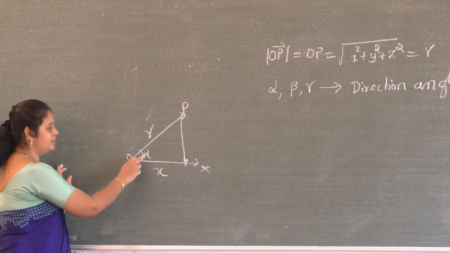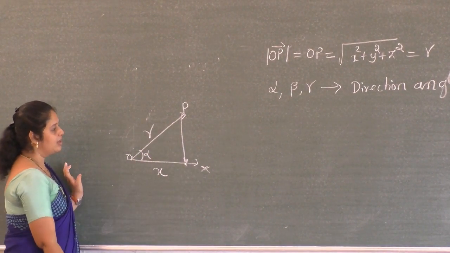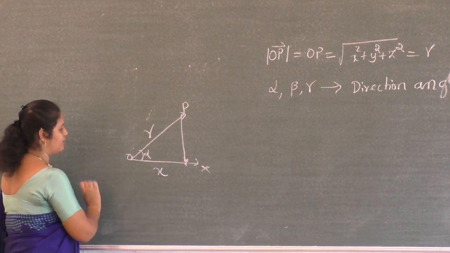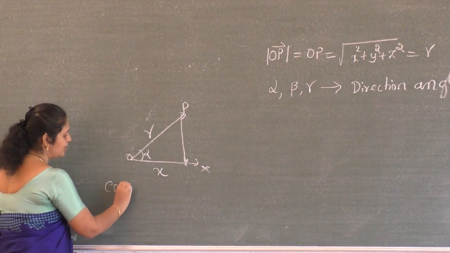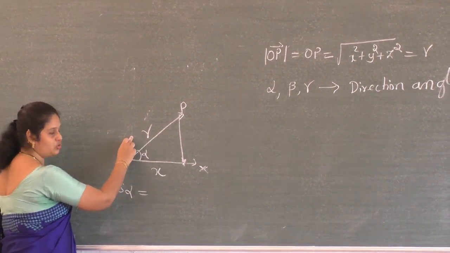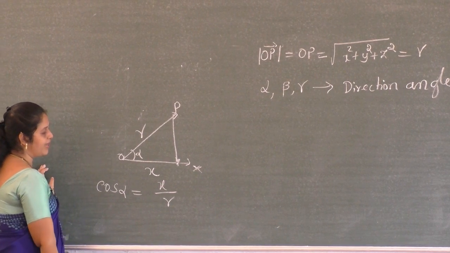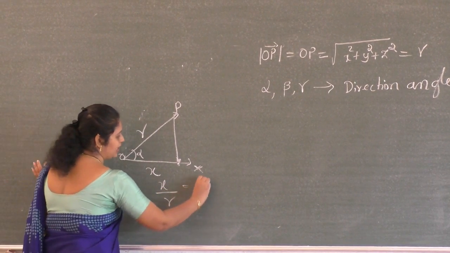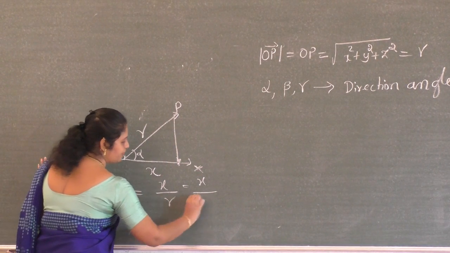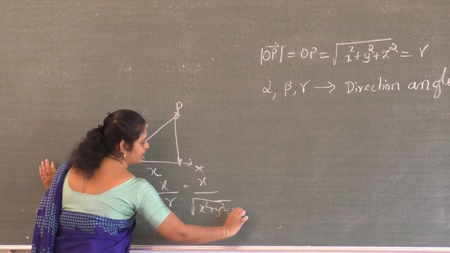Now I can write cos alpha, because I don't know the opposite side. In this right-angled triangle, cos alpha is equal to adjacent by hypotenuse, x by r, which is x by root of x square plus y square plus z square.